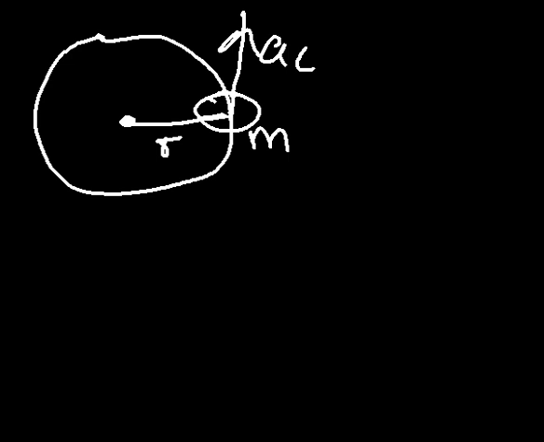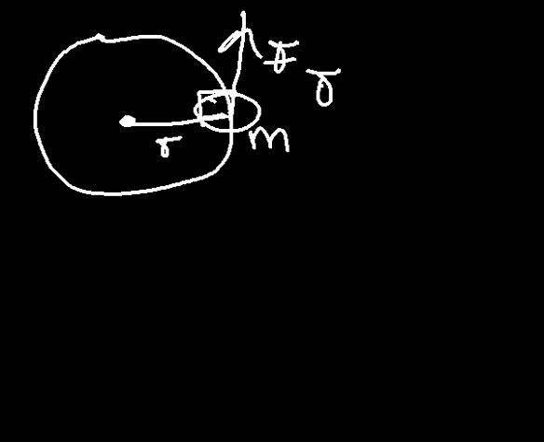Now, let's say the force responsible for the acceleration is given as F, because according to Newton's second law of motion, whenever there is an acceleration, there always has to be a force responsible for it. So in this case, the force responsible for the tangential acceleration is given as F, and it is always perpendicular to the radius of the circle. Now, according to Newton's second law, how should we have the tangential acceleration?